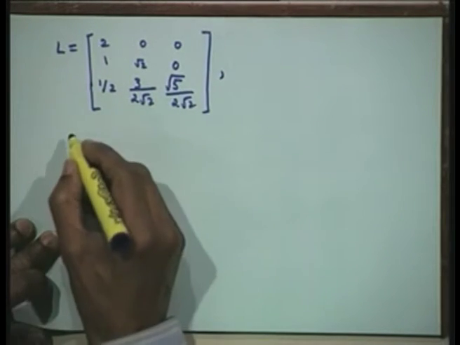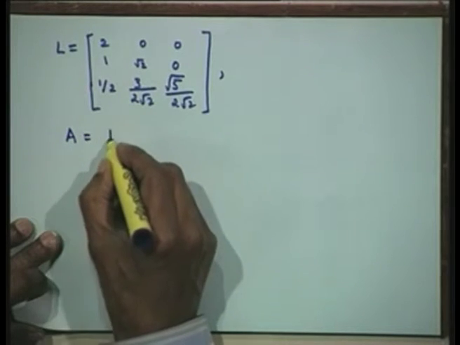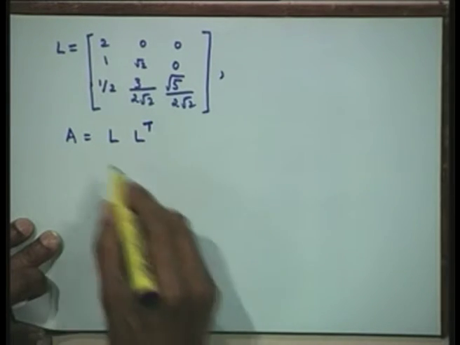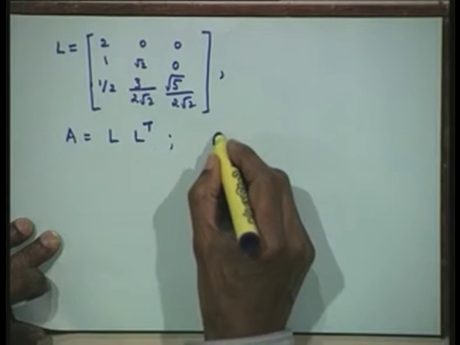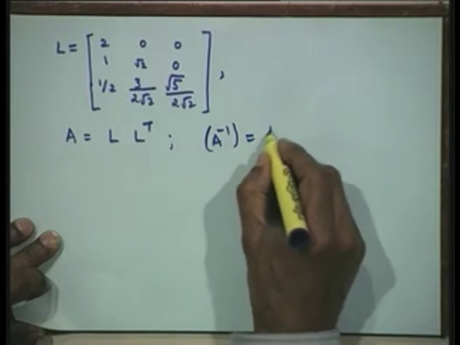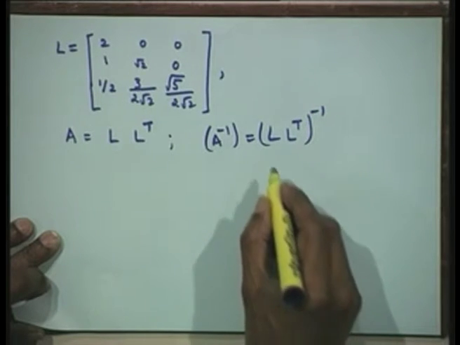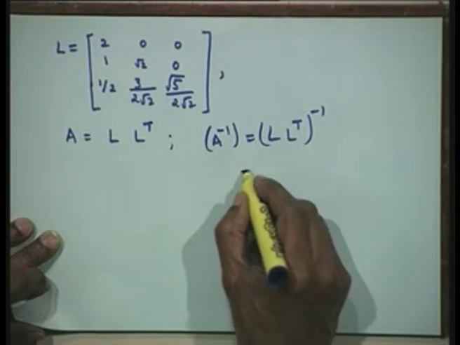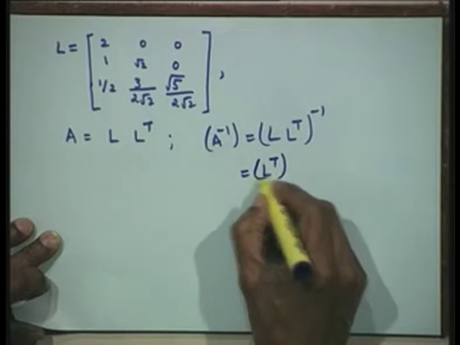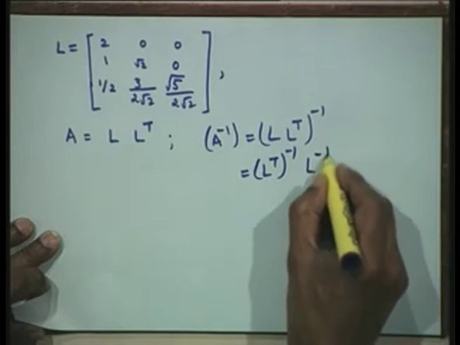Now, what is it we want? We want the inverse. We have written A is equal to L into L transpose. I invert it. So, I will write down A inverse is equal to L L transpose inverse. Now, in inverting the product, it gets interchanged: L transpose inverse into L inverse.